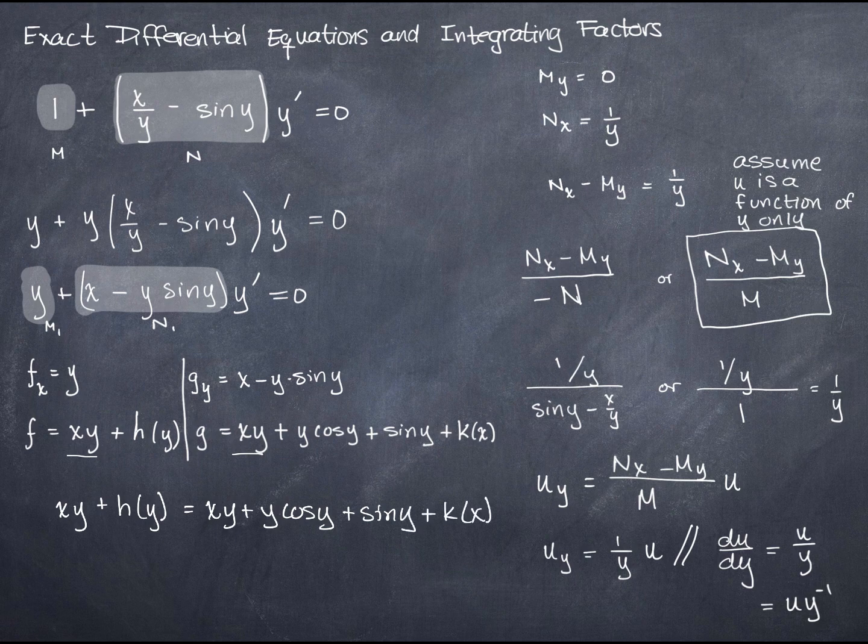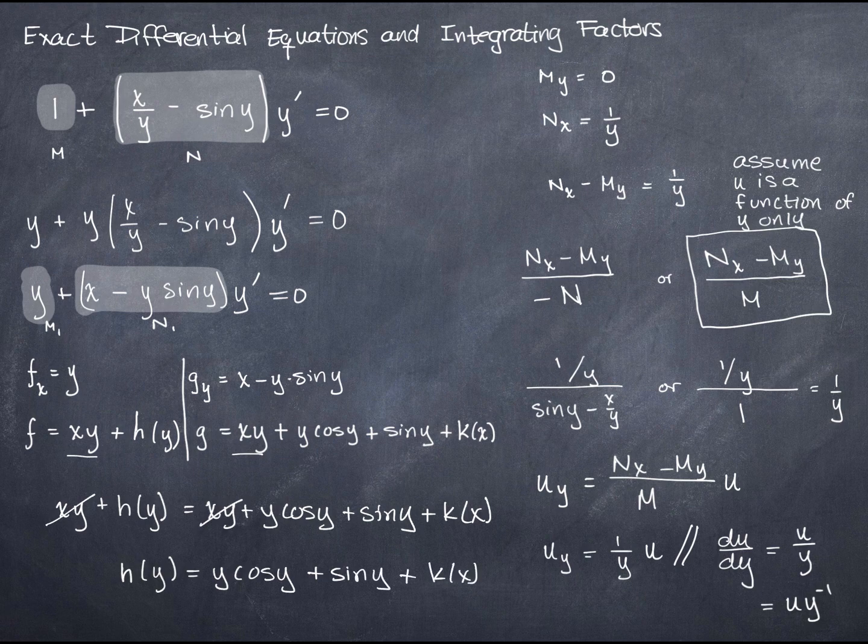If those two things are equal, then clearly we can cancel those terms, and we're left with h of y equals y cosine y plus sine y plus k of x.